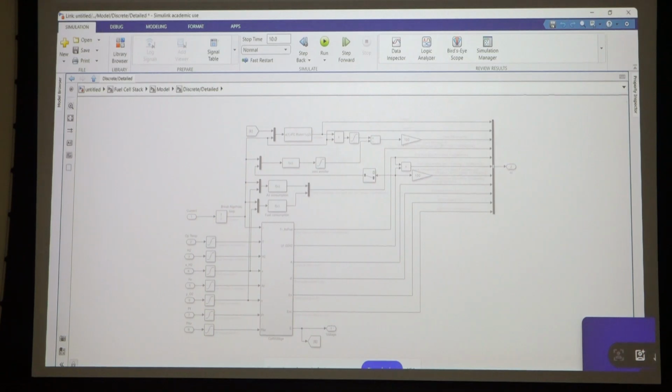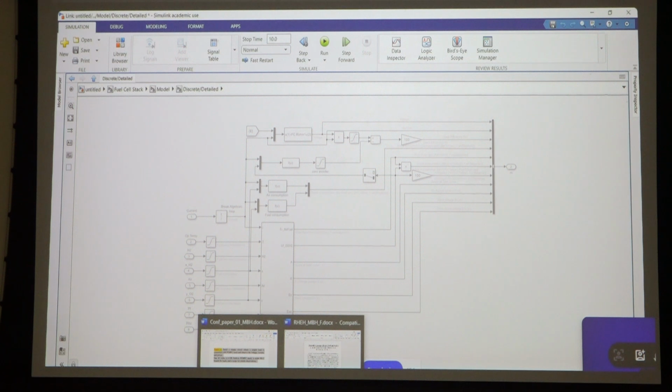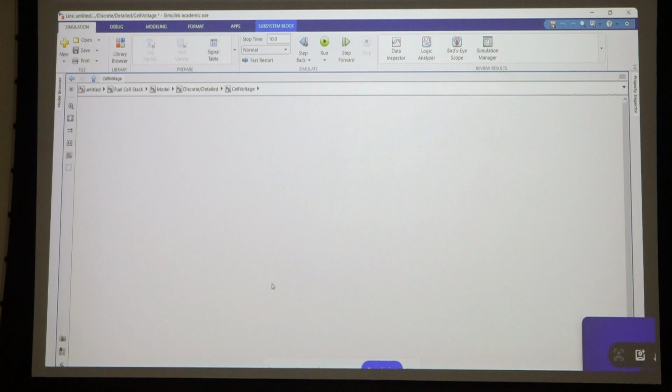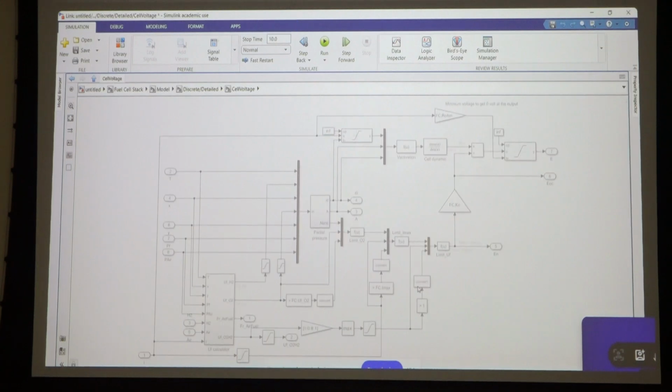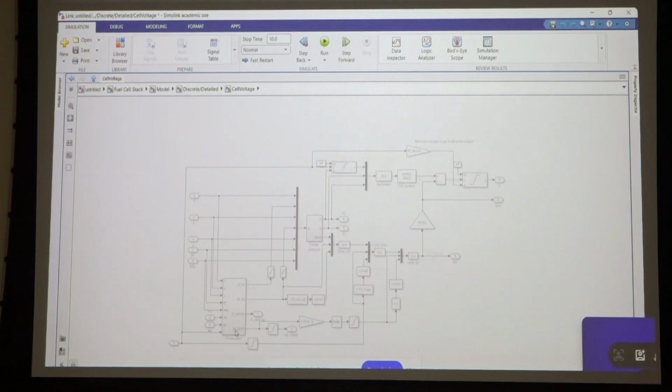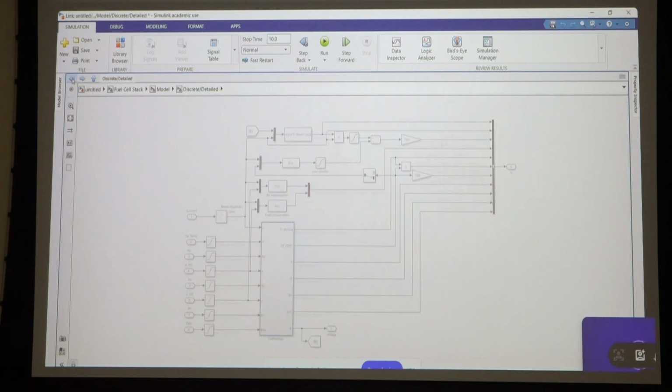That means if we go back to these equations, there are a lot of input variables and based on them, the output variables. This is the voltage, utilization factor calculator, partial pressures calculator. All of it is given inside this. At the end, you just need to know the equation and how you are solving it. That depends on your preference, either using the block or using simple coding and so on.